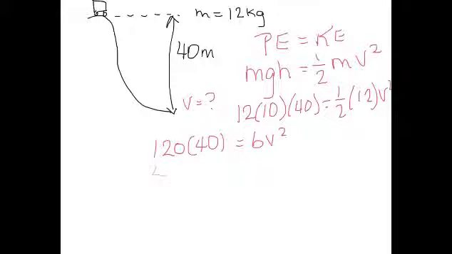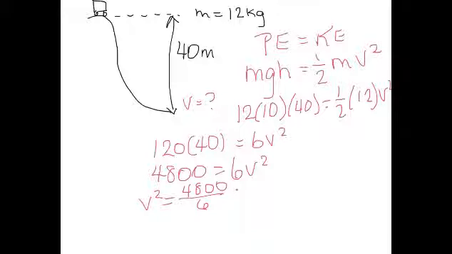So this is 4,800 equals 6v squared. So velocity squared is equal to 4,800 divided by 6, which is 800.